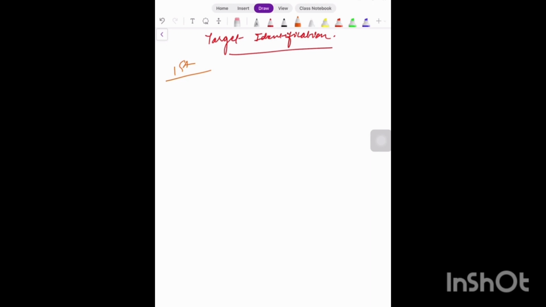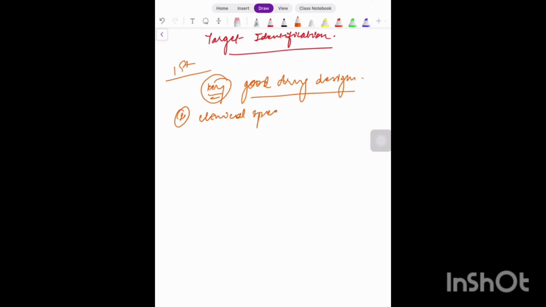Now we are talking about the key to a good drug design. The key to a good drug design is working out and capturing the clinical spectrum of the disease. First of all, it is working out and capturing the clinical spectrum of the disease.